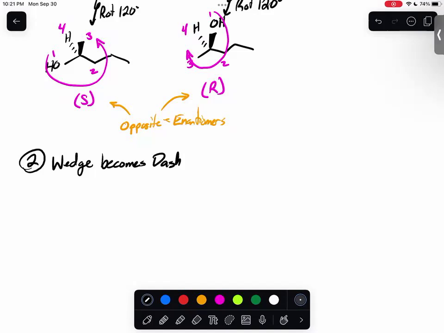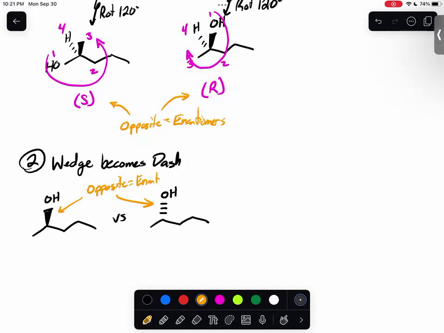So what this looks like is essentially if we have a substituent on a wedge and we're comparing it to something where that same substituent is on a dash, the fact that these are opposite means that they are enantiomers. All right. So this is a very quick way to do it.